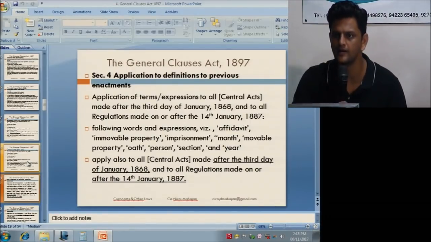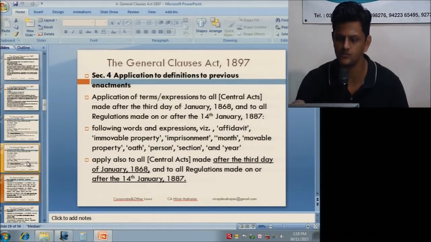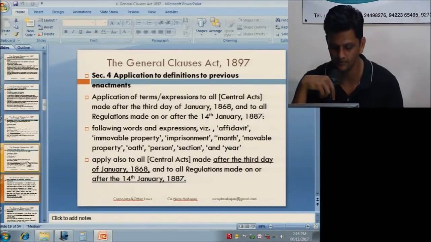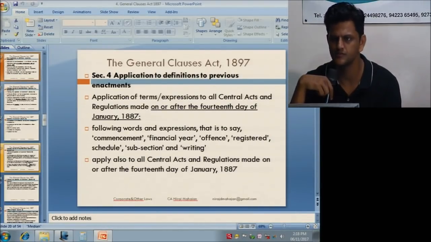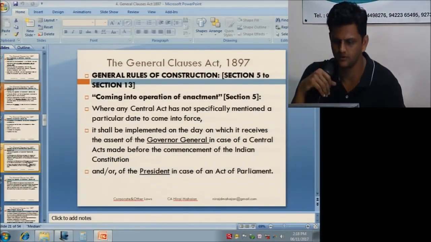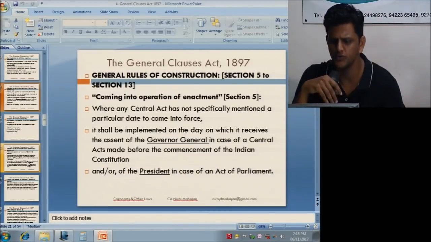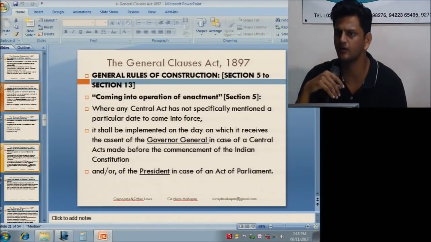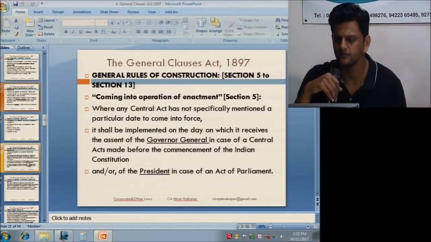That means these two, one is a central act and another is regulations, but they were before this General Clauses Act of 1897. These words will have the same meaning which is given in this General Clauses Act. Again, that means it is word-wise, specific word-wise from when they are applicable. General rules of construction. So, what do we usually say is the commencement of any particular act or regulation? As on the date on which it comes into force.